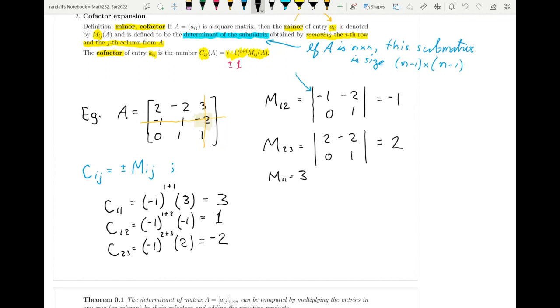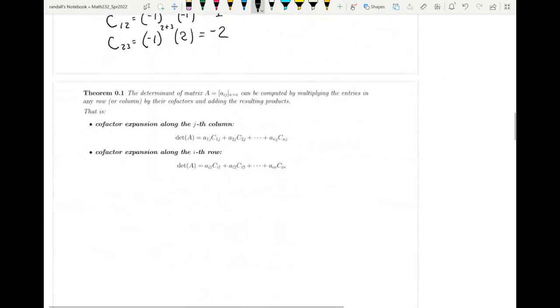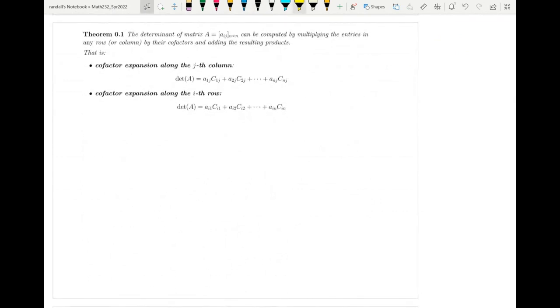As you can see, these terms are built up of determinants of smaller matrices, and also these, at the moment enigmatic, factors of plus or minus 1. That's illustrated in this theorem here.